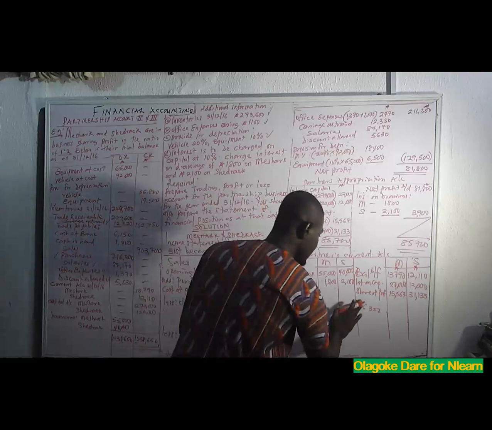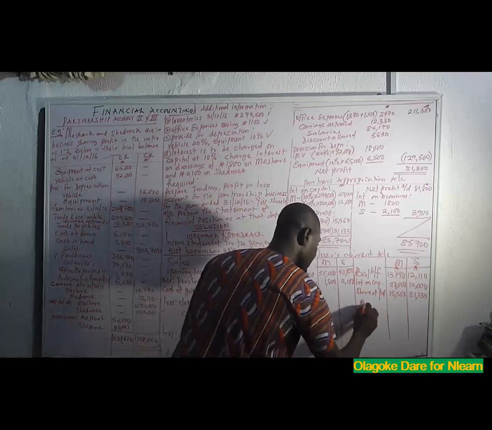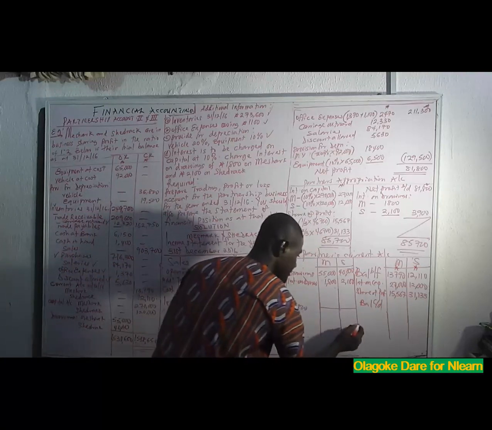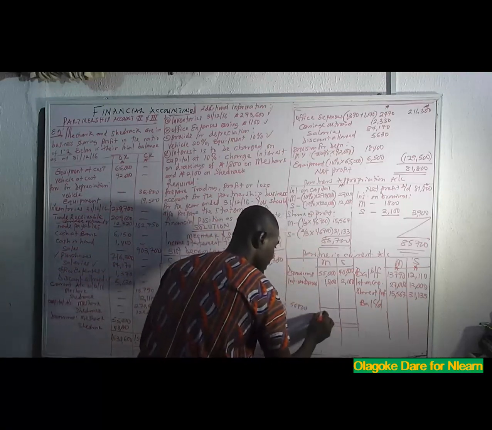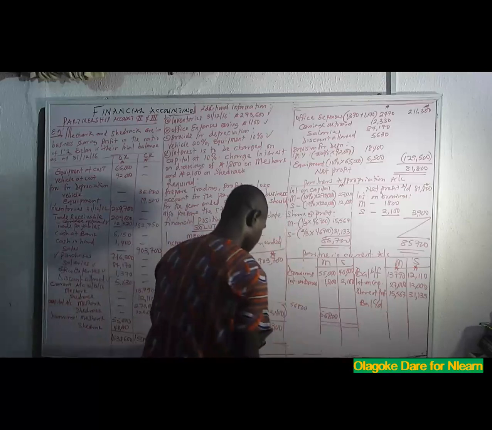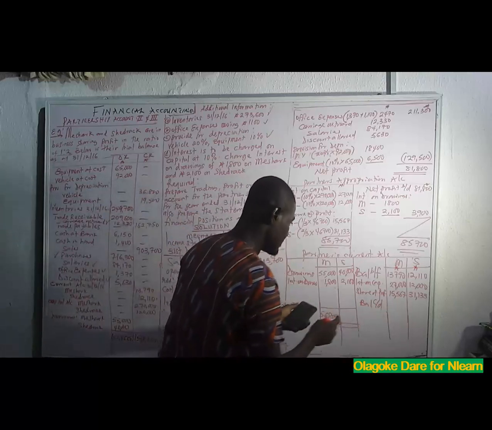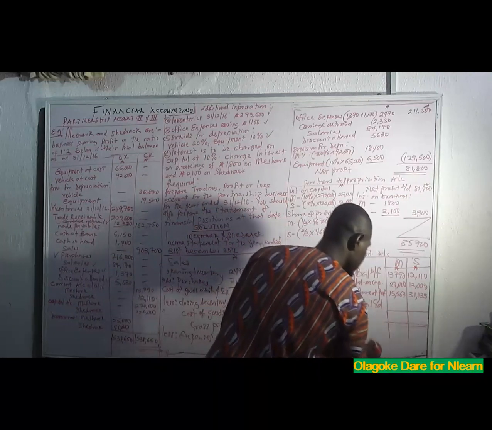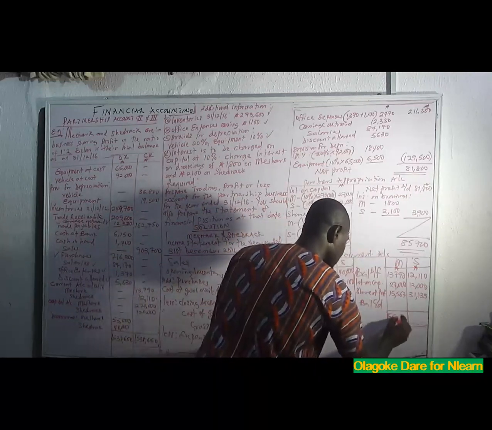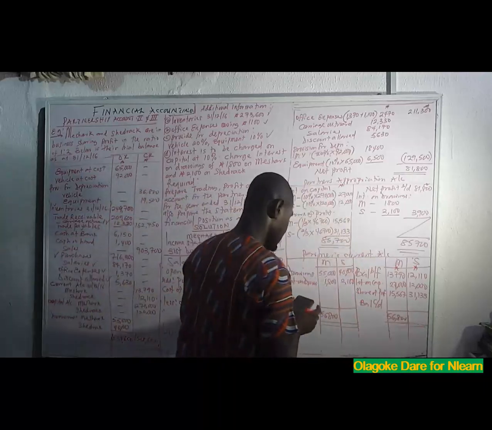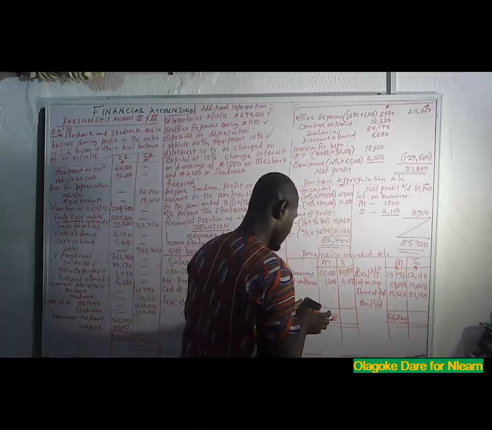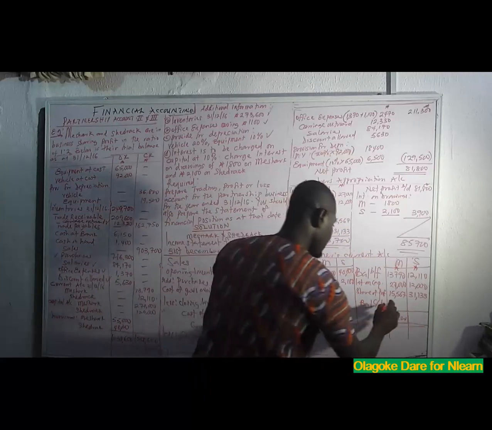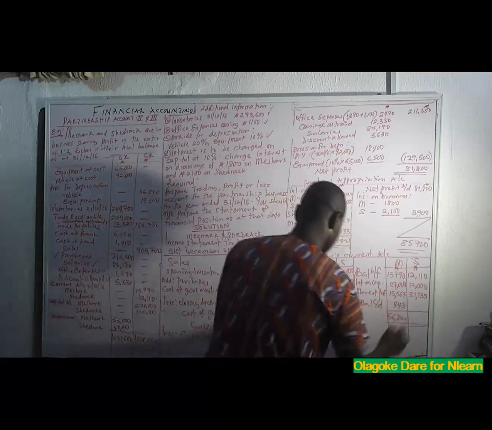So what I have here, I'm going to have a balance carried down, because here I have 56,800. It's greater than 56,357. So the balance here is 443.